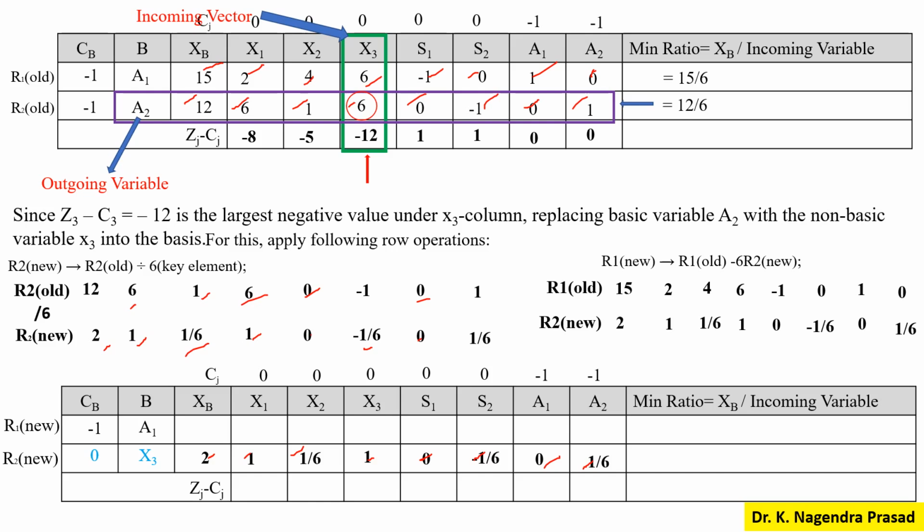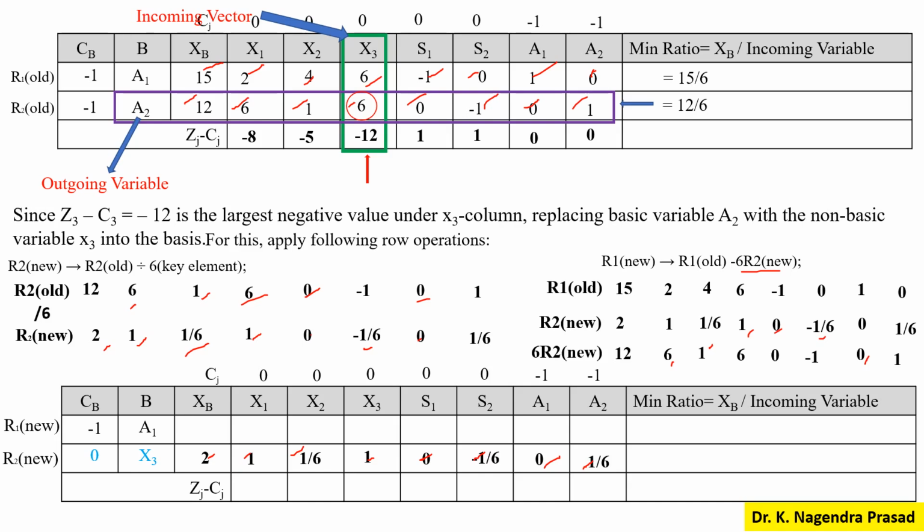Then we have to multiply the R2 new elements with 6. It is 2 into 6, 12, 1 into 6, 6, 1 by 6 into 6, 1, 1 into 6, 6, 0 into 6, 0, minus 1 by 6 into 6, minus 1, 0 into 6, 0, 1 by 6 into 6 is the 1.